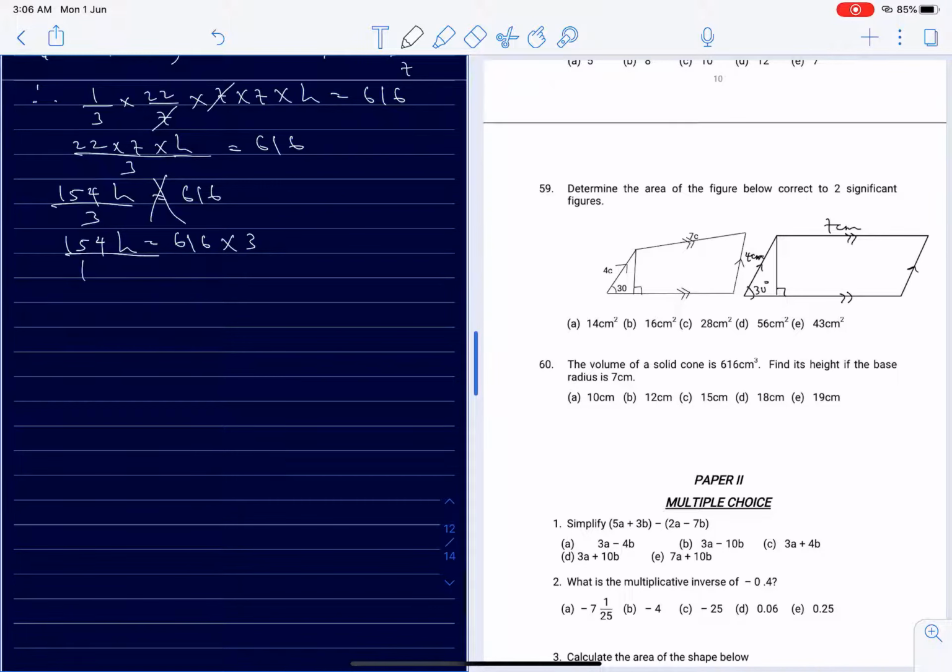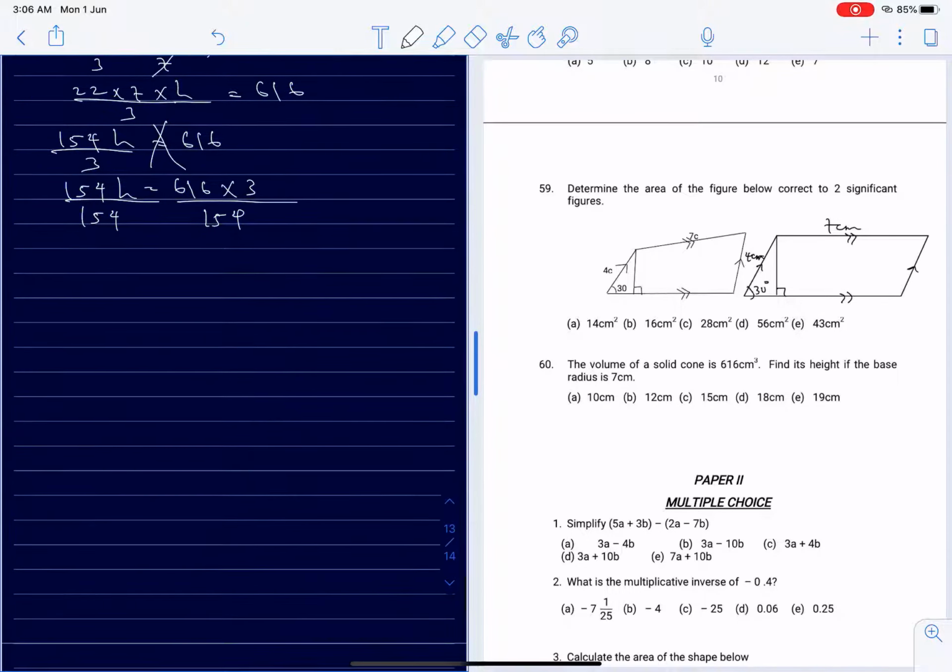Now I need to divide both sides by 154 to get h. So 616 times 3 divided by 154, and the answer is 12. That means h equals 12 centimeters. So the height of the cone therefore is 12 centimeters. The correct option is B. Is that correct? Yeah, that's the correct option.